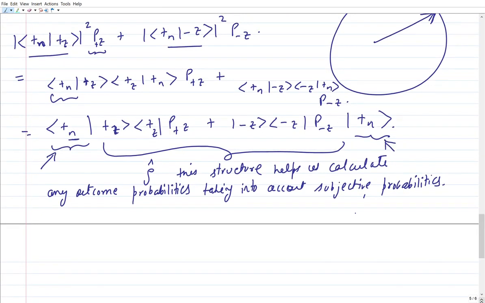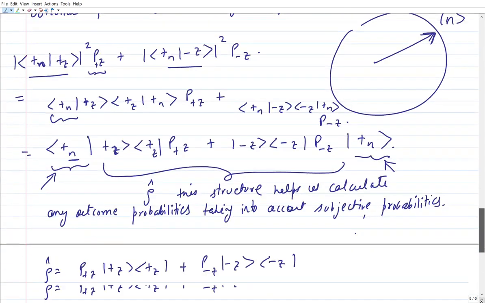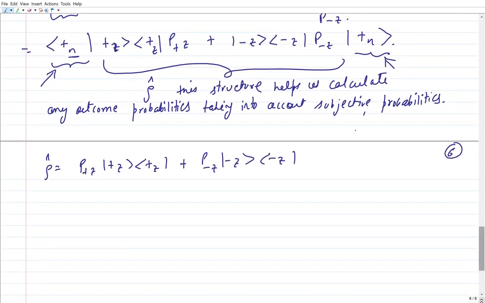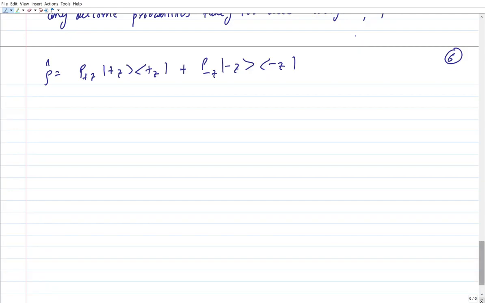I could have had any n direction here. Ultimately, this form remains the same. And this structure rho, which I am again going to rewrite, rho helps me express any probabilities or any statistical outcomes of the measurement process.